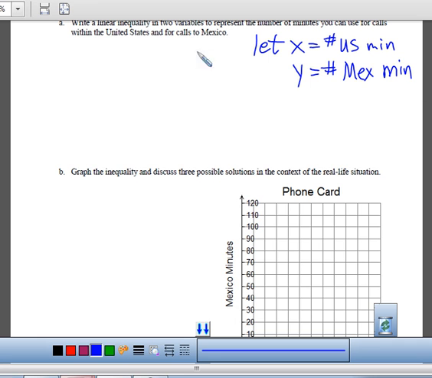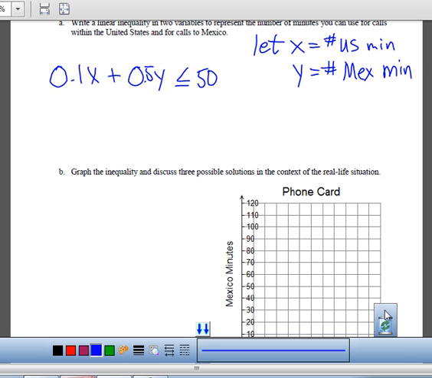So, we're given a prepaid card of $50. It cannot be more than $50. It can be less than your calls or equal to. Now, the U.S. minutes are 10 cents, so 0.1, and the calls to Mexico are 50 cents, so 0.5, and we add those together. So there's your inequality.